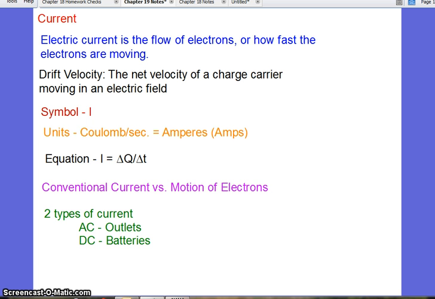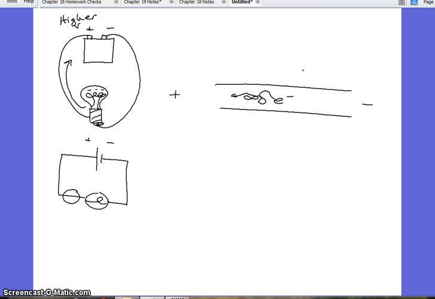When talking about how fast the charge is moving, we're talking about a rate of change. If we go back to this diagram, we're talking about how many coulombs of charge pass this point every second. And so the unit is a coulomb per second, which we abbreviate as an ampere, or an amp for short.